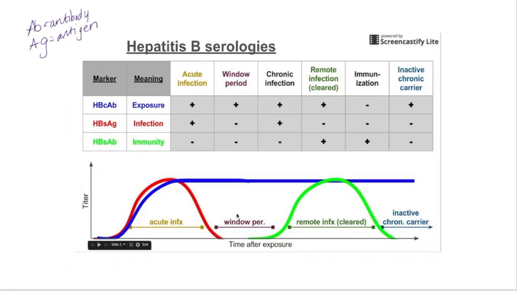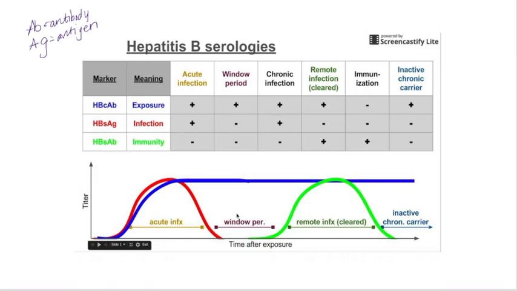What time it is tested would show if you had the acute or the chronic. Core, again, is positive the entire time that you are carrying and infected and exposed to hepatitis B.